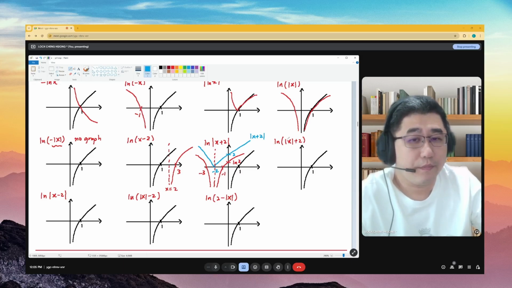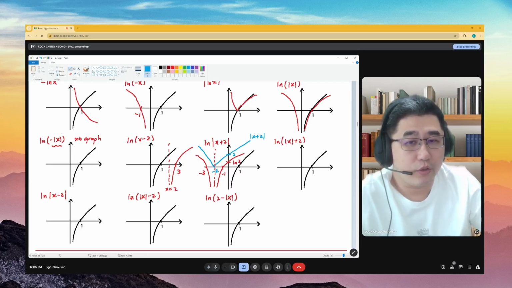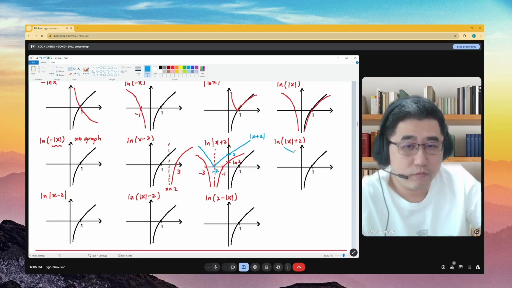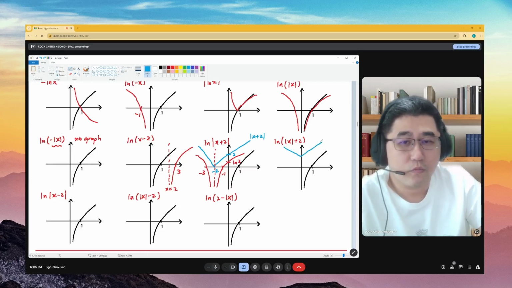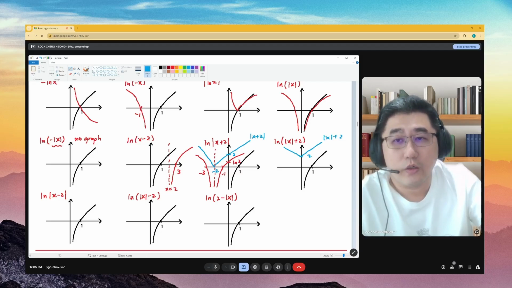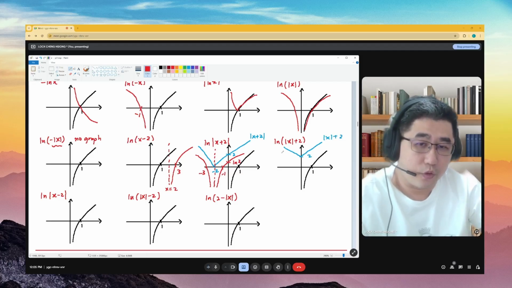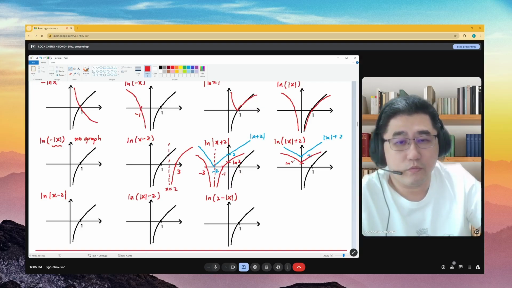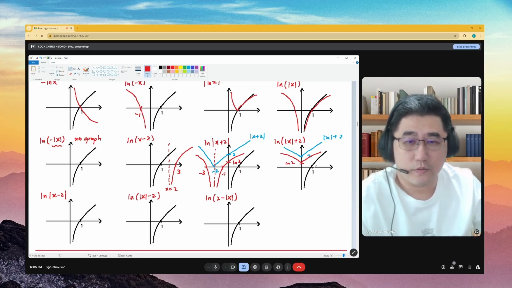Same goes for here, our Ln of modulus x plus 2. So the modulus x plus 2 graph will be like this. So this is a 2. Okay, so the shape will go to here. So this will be Ln 2, like this.